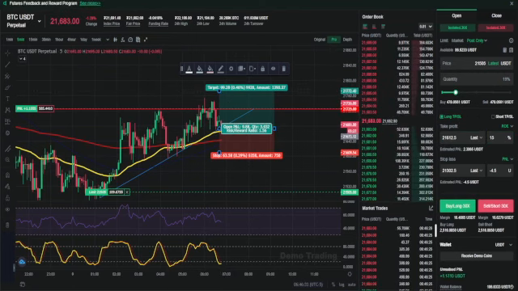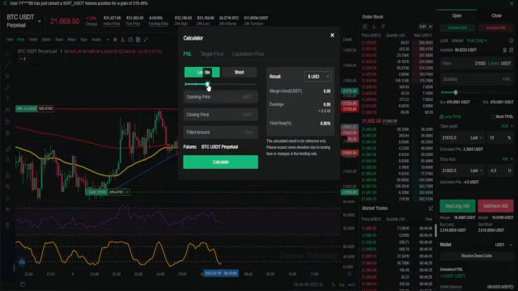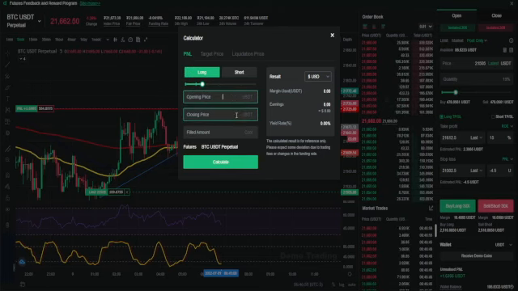I don't know if I can make it so that you guys can see this. Calculator. Okay, 30x, opening price 21,505.